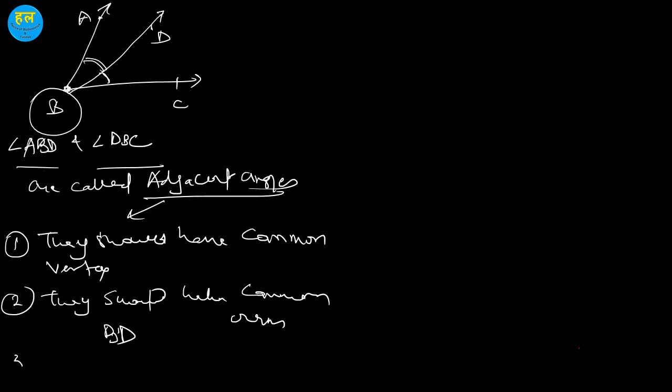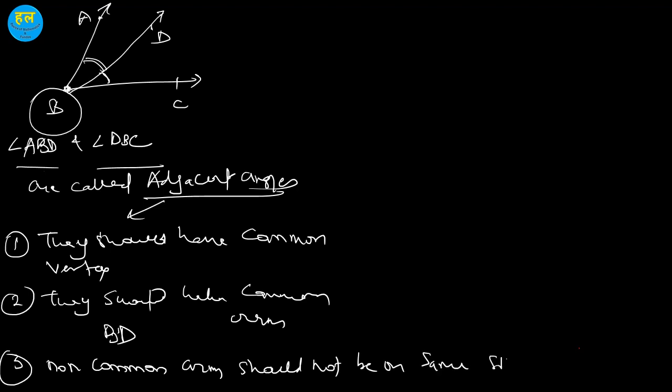Third and most important, the non-common arms should not be on the same side; they should be on opposite sides or different sides, whatever you like to say. So these are the three conditions which make two angles adjacent angles.